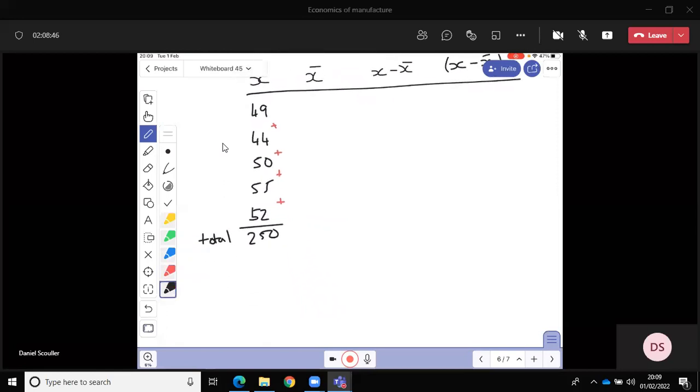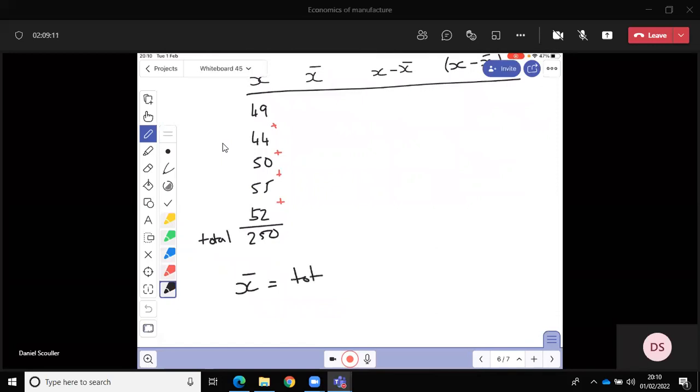Now the mean. It's probably your most typical way to calculate an average. So if you got asked to work out an average, you would probably do it this way first off. It's the total of all the numbers divided by how many numbers there are. So it's that 250 divided by 5.